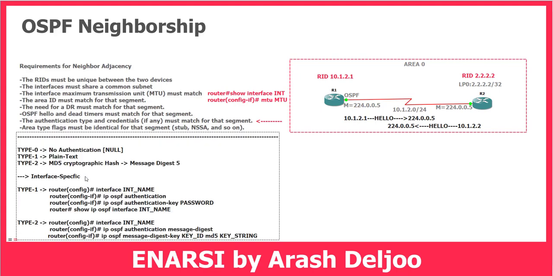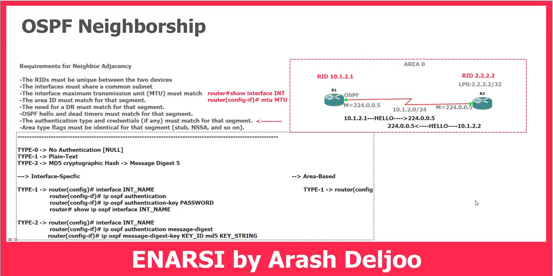We have another type of authentication, we call it area-based authentication. Actually we can say that in area-based authentication you can configure only the authentication type, not the authentication data. Let me show you. Look here. Assume that we want to configure type 1 authentication in one area, on all interfaces in one area.